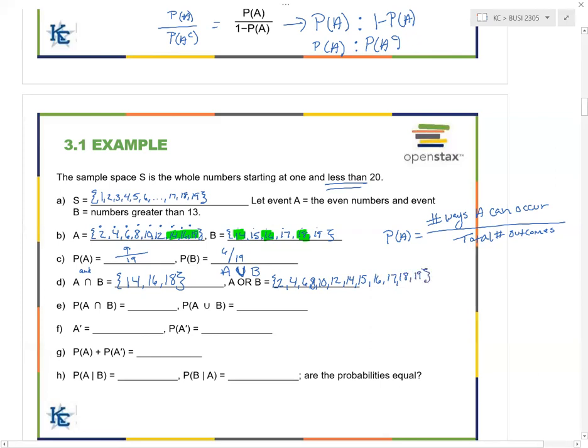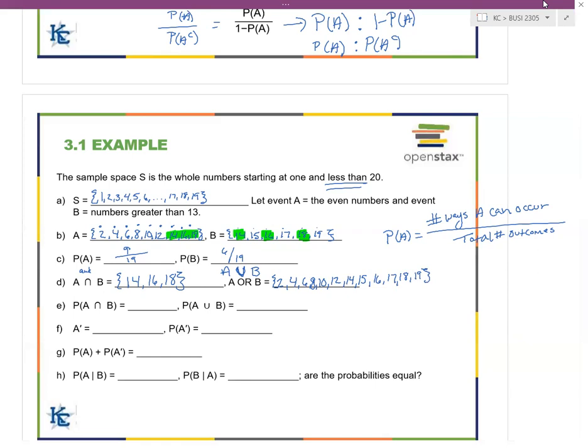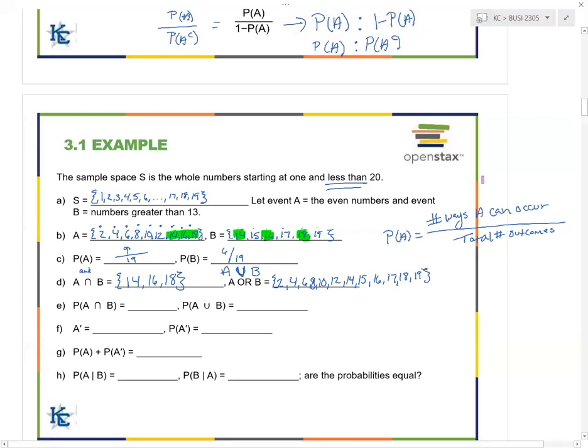And so again, all we did there is we're looking at anything that's in either one of these. So all of these numbers are in here, so I listed all of them. And then I didn't have to list numbers twice. So I already listed 14, 16, and 18. So I also listed 15, 17, and 19.